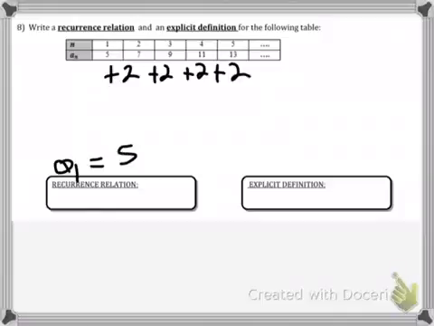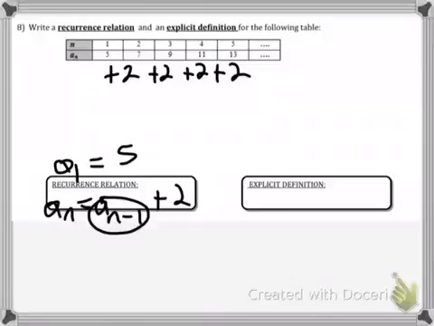So we'll have a sub n equals a sub n minus 1 plus 2. So that means this is our previous term, so any term we put in there added will give us our next term. So if I want to find the 6th term, I'll look at the 5th term, which is 13. 13 plus 2 is 15.